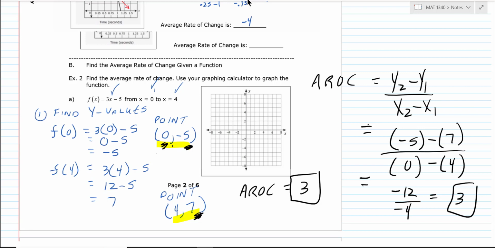I think you'll see this on web work. I mean, I'd like you to do the problem this way, but yeah, you could do that automatically in your head because that's a line. What's happening, I think, in college algebra, we hadn't done that much graphing yet, so you'll kind of make these connections as we go. But again, I got 2 points, and I did the slope formula. That's what an average rate of change is. Are we okay?